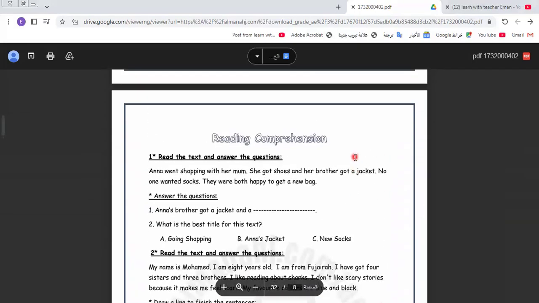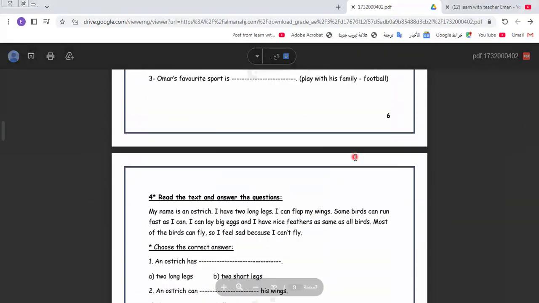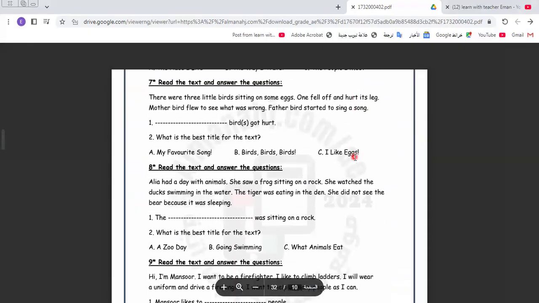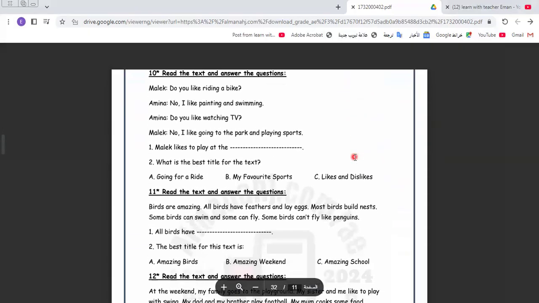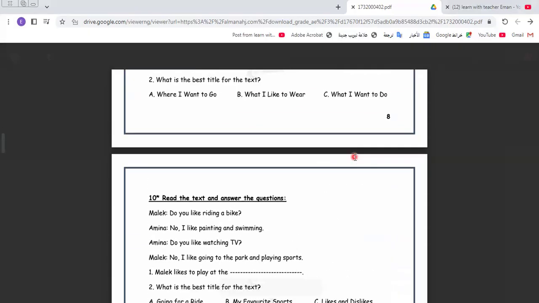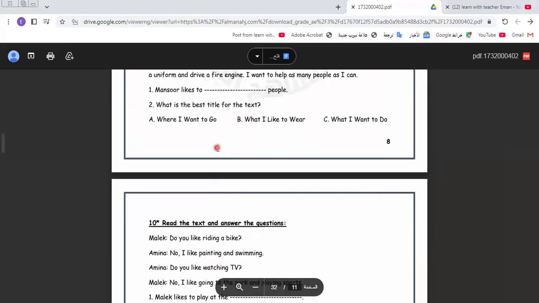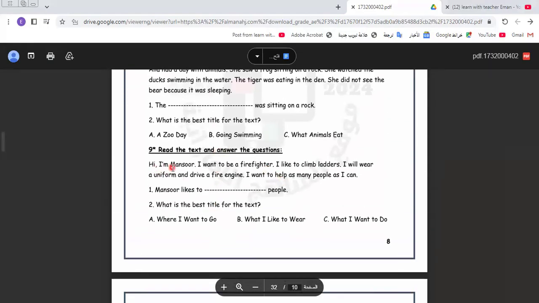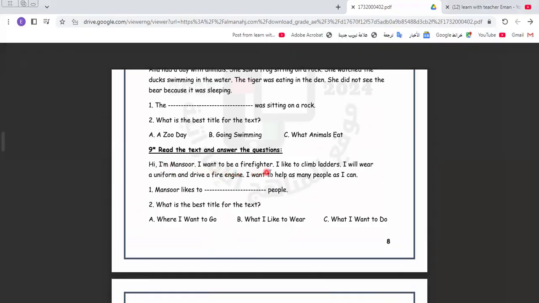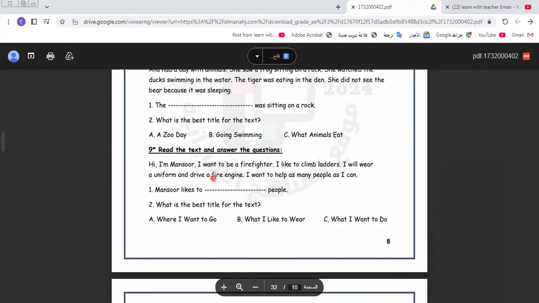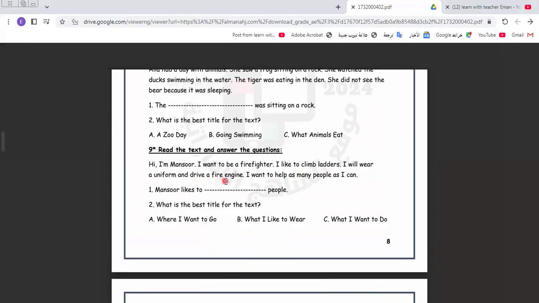I would like to answer a reading comprehension here. Here we say, hi, I'm Mansour. I want to be a firefighter. I like to climb ladders. I wear a uniform and drive a fire engine. I want to help as many people as I can.